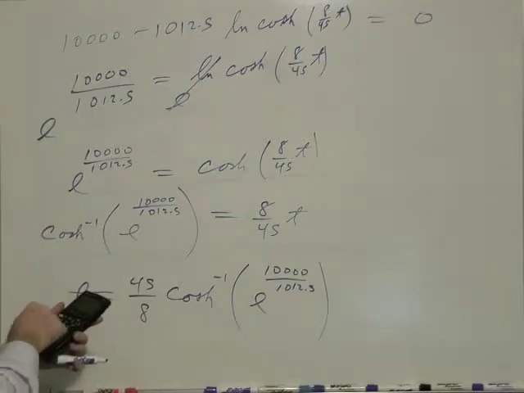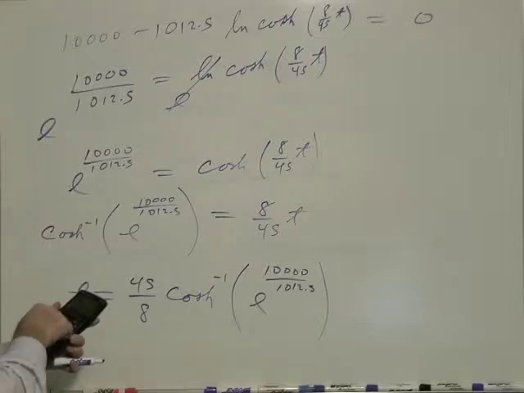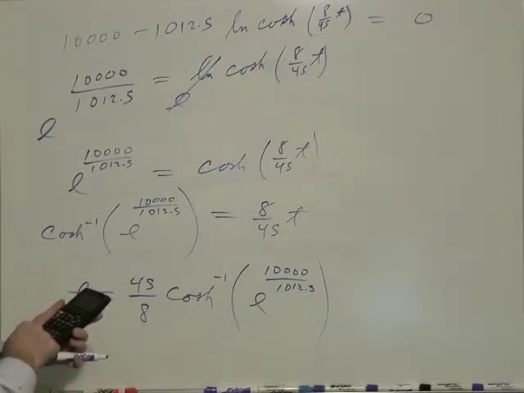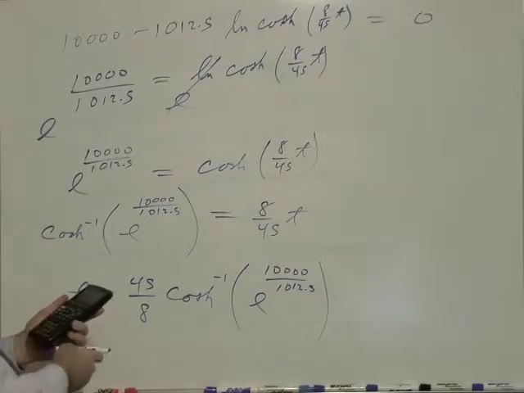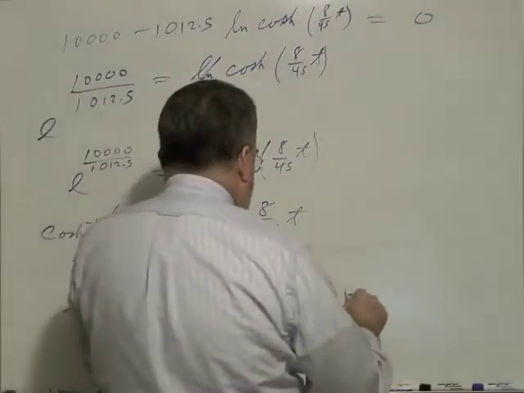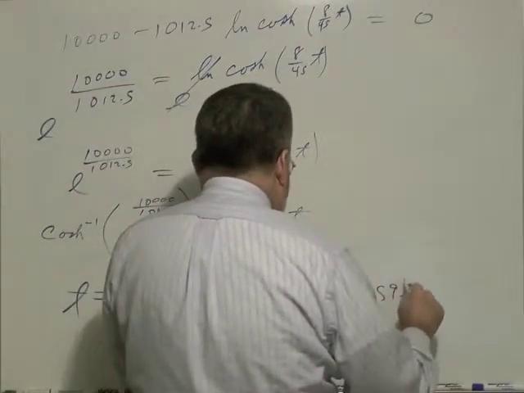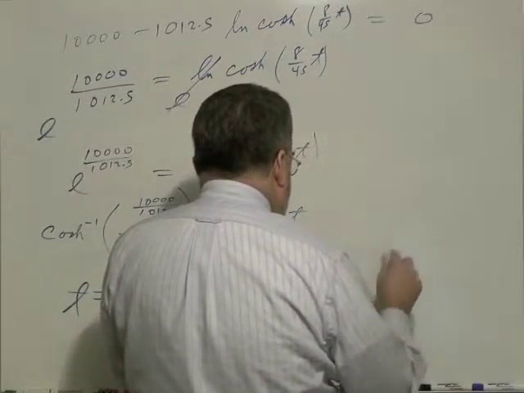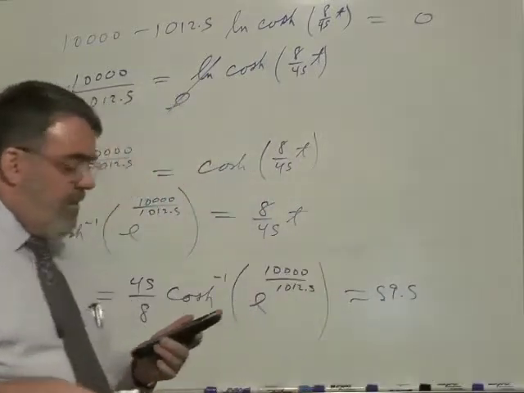I take the inverse cosh of that. The inverse cosh of the answer is about 10.56. Then times 45 divided by 8. And I get about 59.5 seconds. 59.45 if you want to go that route.